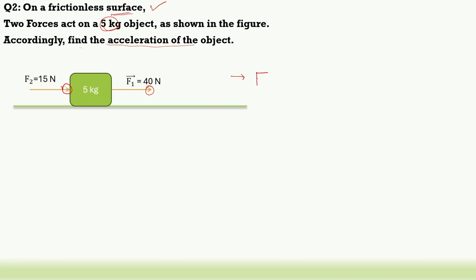So let's start the calculation of the acceleration. We use Newton's second law. F net equals m times acceleration. F net means total force, so F net is F1 plus F2 equals m times acceleration. F1 is here 40 Newton, so 40 Newton plus, is summation, and F2 is 15 Newton.